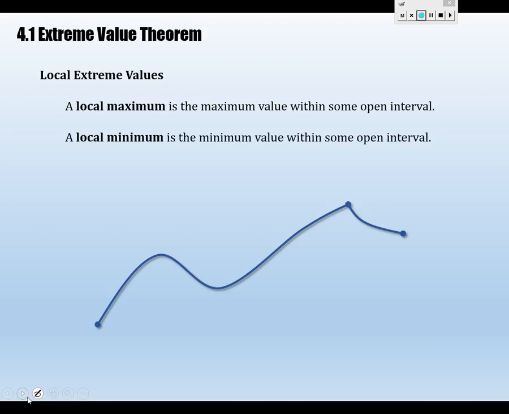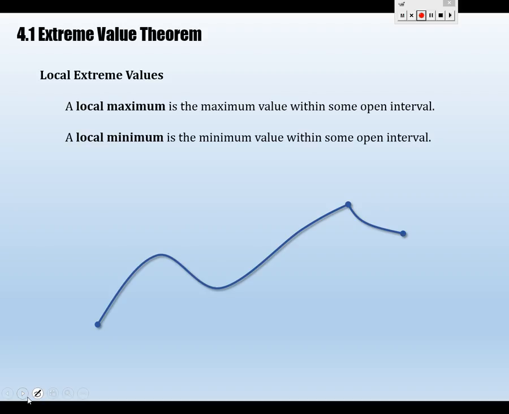Doesn't that violate this definition? Because it says within some open interval. In the example that I gave, it goes to 0 on both sides, but it's still the largest value. Does that still qualify as a local extreme value? Those are local extreme values.